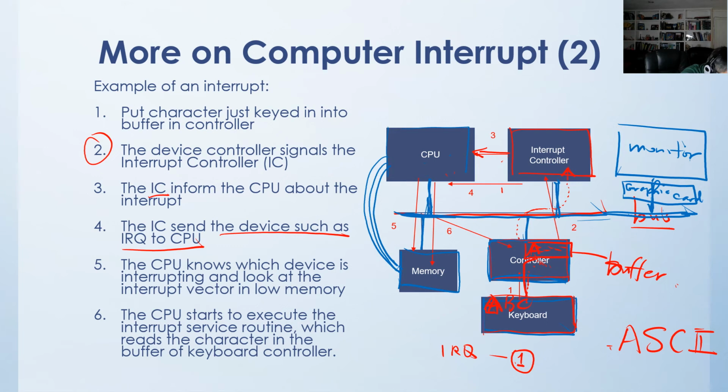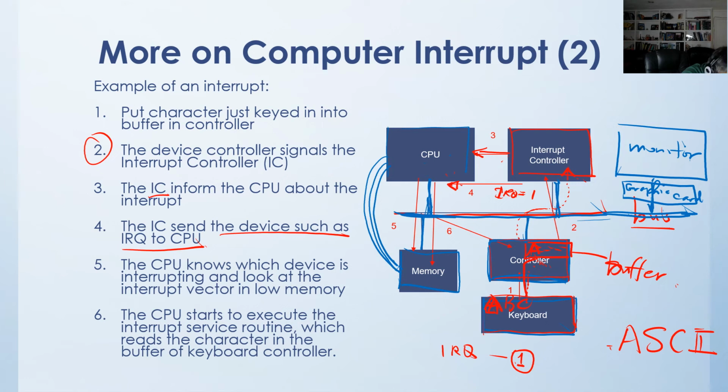Now, when the CPU receives the message from the interrupt controller, the CPU says, "Okay, what is the device?" And the CPU checks it out. Oh, it's a device with IRQ 1, right? So then what?